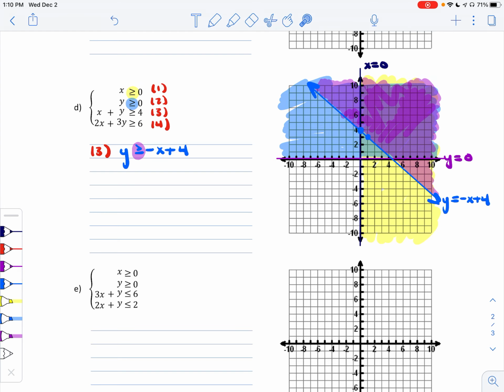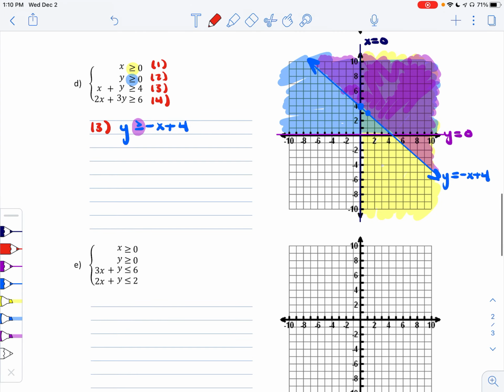All right, and then lastly, if we add in our equation 4, again, solve for y, so subtract the 2x over, divide by 3, then we get negative 2/3 x plus 2. So our y-intercept is at 2.